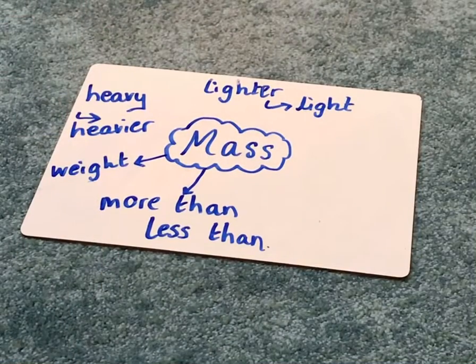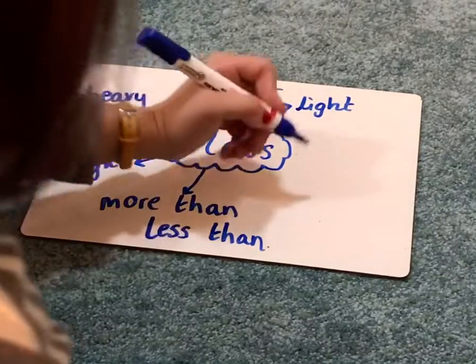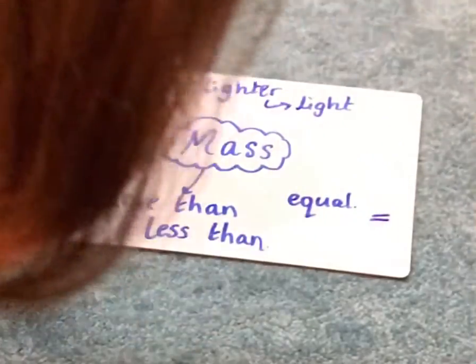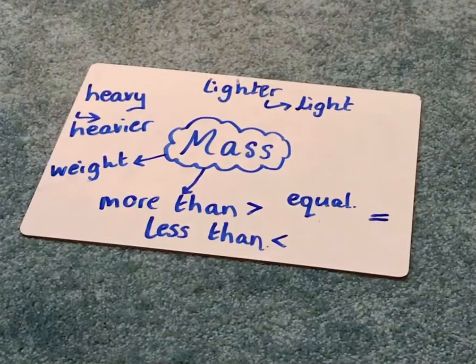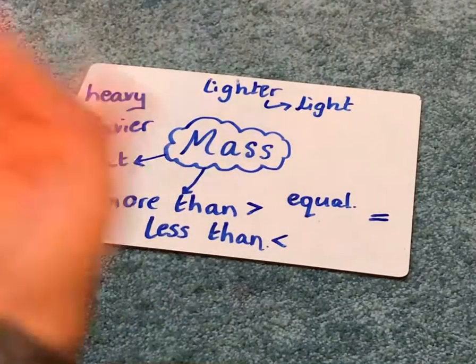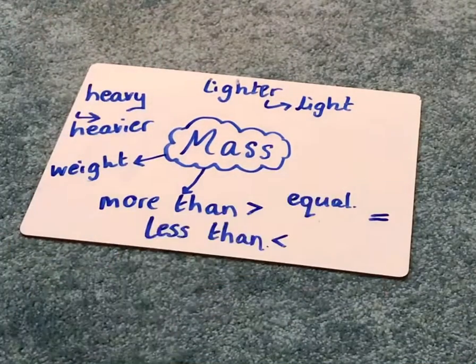What else can we do? What other words? What about equal? We use those equal signs, don't we? More than, less than, that's my crocodiles. Sometimes you might find two objects have the same mass or weight.